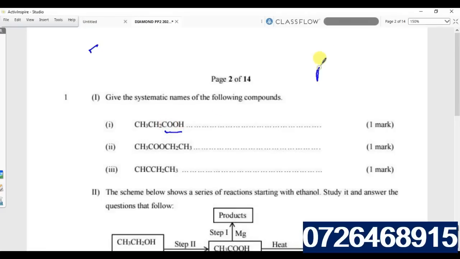The functional group is RCOOH, so this is an alkanoic acid. Then you count the number of carbon atoms: 1, 2, 3. That tells you it is propanoic acid.